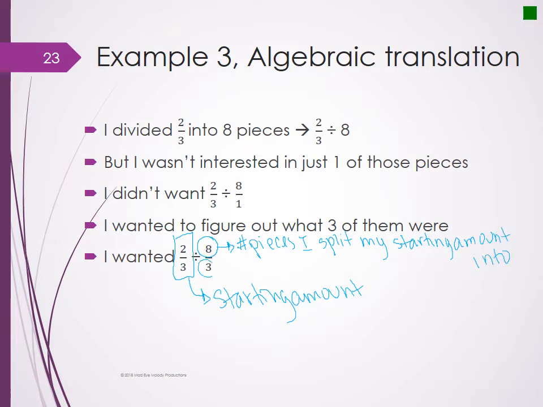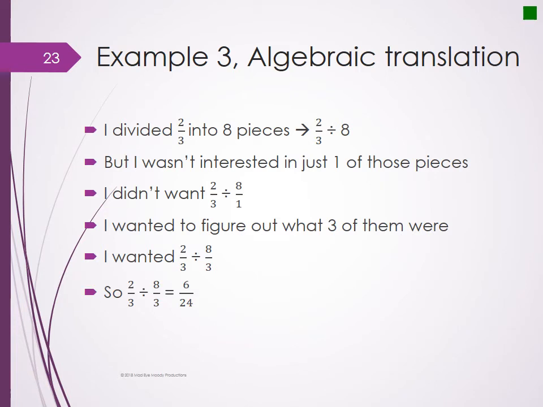And my denominator here is the number of those 8 pieces I compare to the whole. So what those numbers stand for is absolutely vital to understanding fraction division. So now I know that 2/3 divided by 8, and then looking at 3 of those pieces, so 2/3 divided by 8/3 is 6 out of 24.